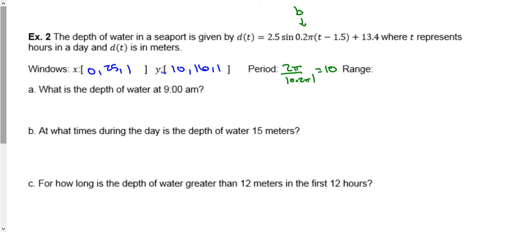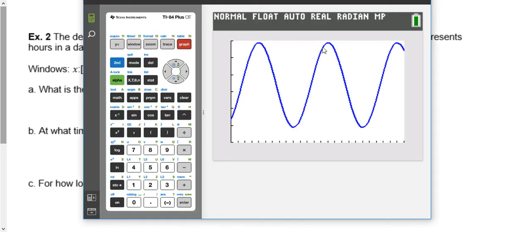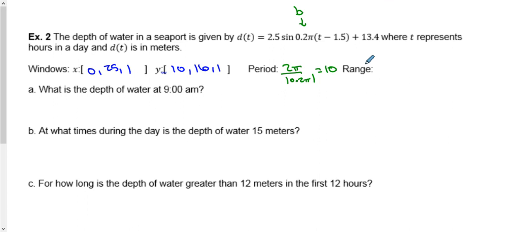What's my range? Well, what's our lowest, what's our highest? The lowest is 10.9, and our highest was 15.9. There we go. Square brackets because we want to include both.